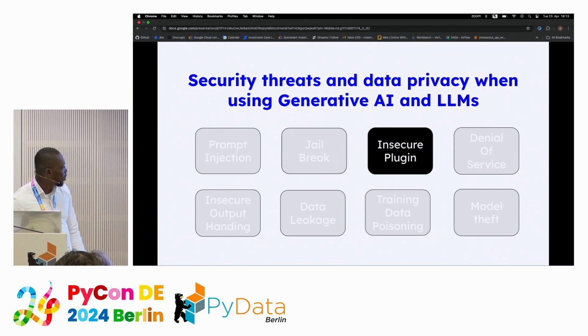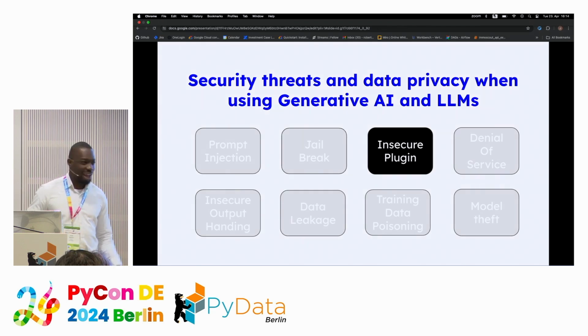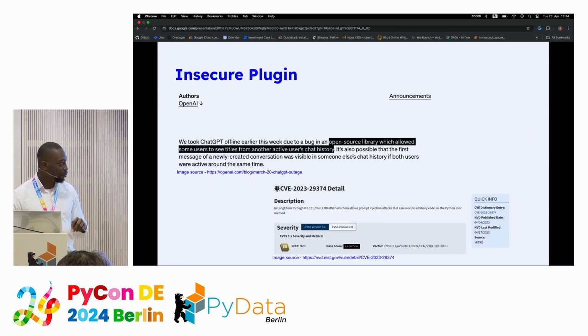Now we're going to go into what is called insecure plugins. I'm sure anyone that uses a library, you have multiple libraries you use in your project, and you can use this as a plugin. Last year, there was an issue in ChatGPT. It was not an issue with OpenAI or the LLM itself, but with one of the libraries used in building the platform.